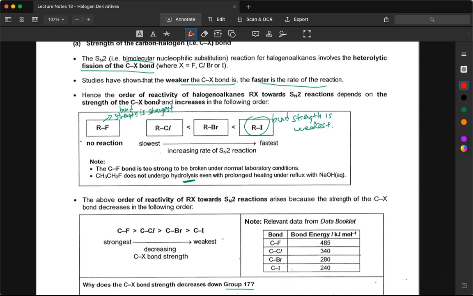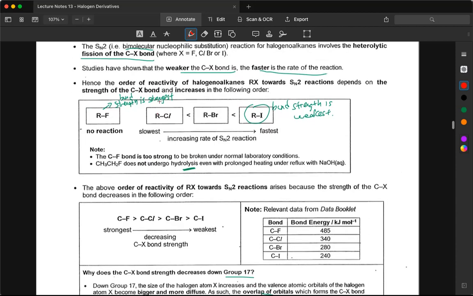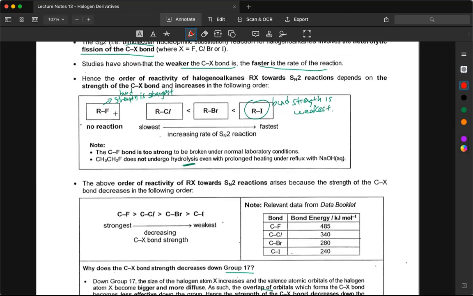The order of reactivity of halogenoalkanes towards SN2 reaction depends on the strength of the C-X bond and increases in the order: RF, no reaction. RCl has the slowest rate of SN2 reaction, followed by RBr and then RI, which is the fastest because the bond strength is the weakest.